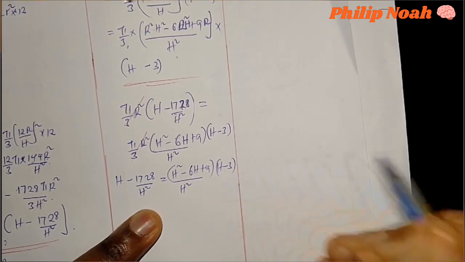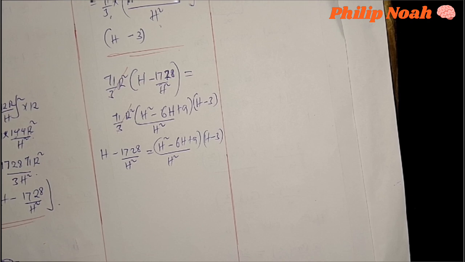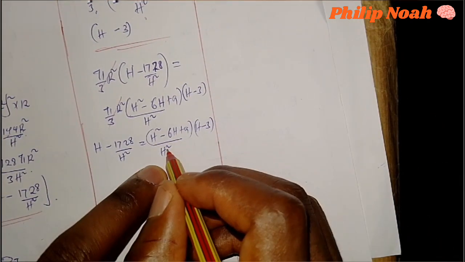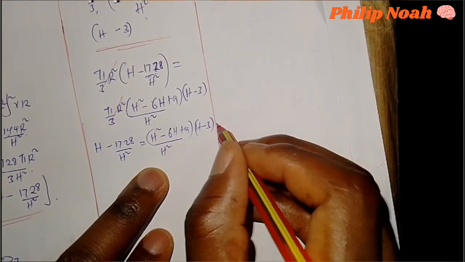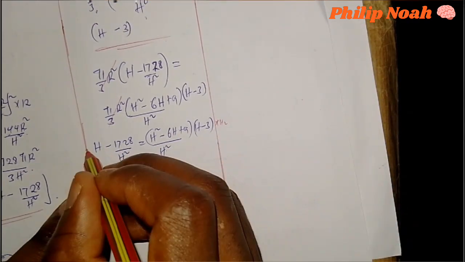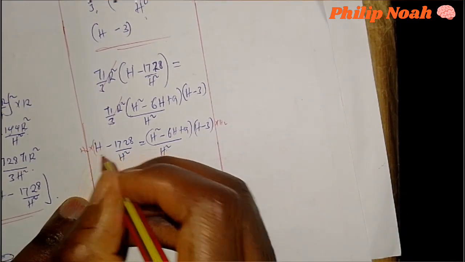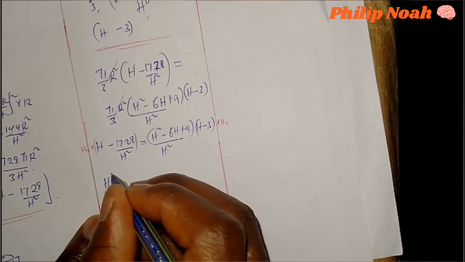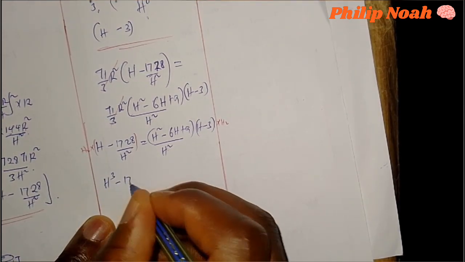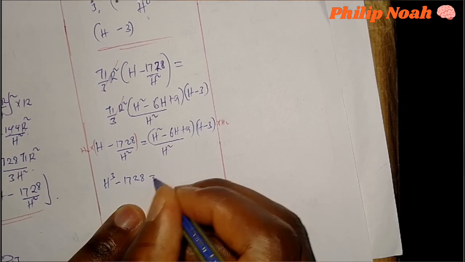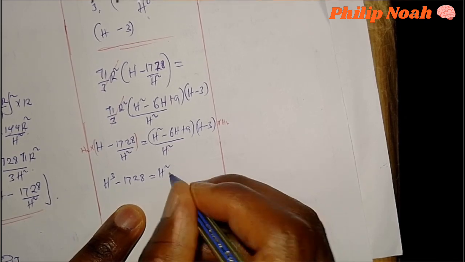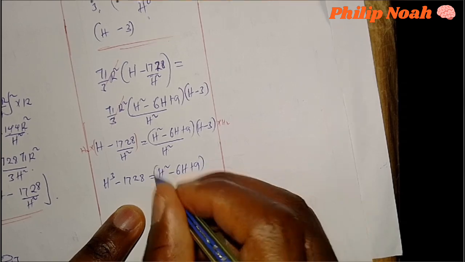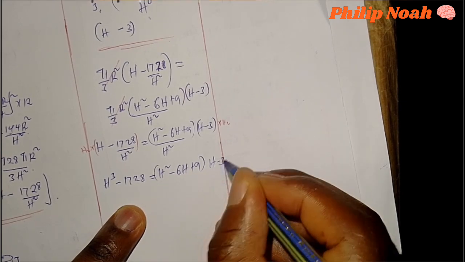At this point, we multiply both sides by h squared to get rid of this h squared down here. This becomes h cubed minus 1728 is equal to h squared minus 6h plus 9, times h minus 3.